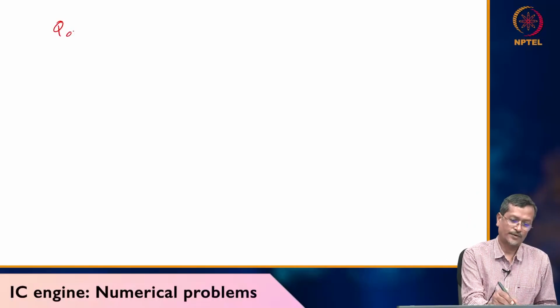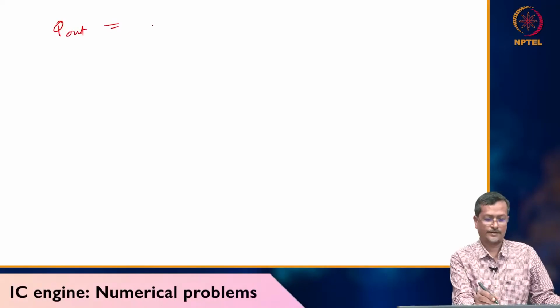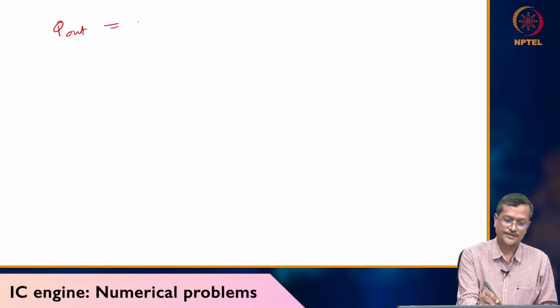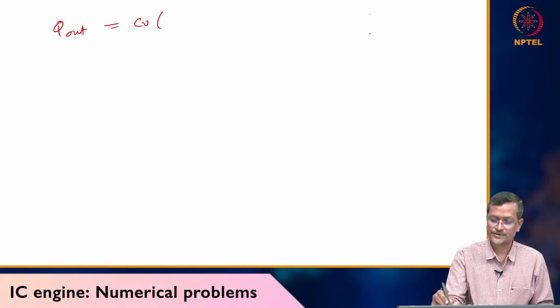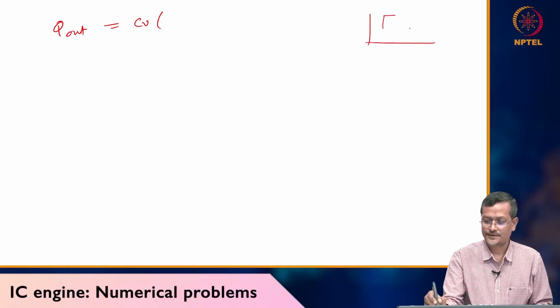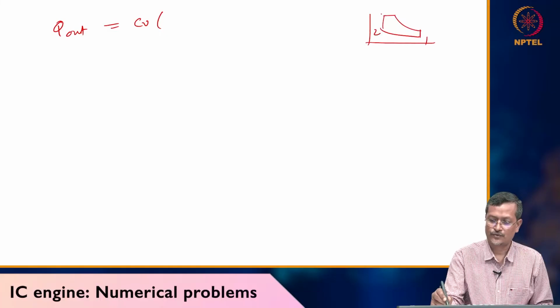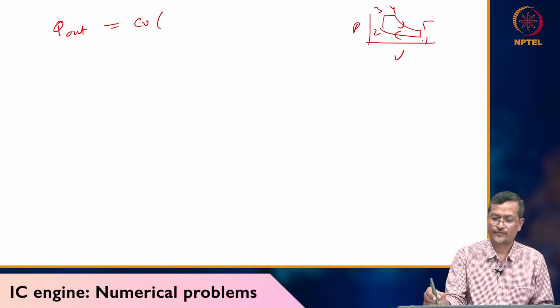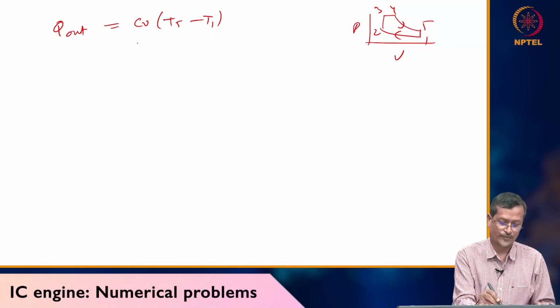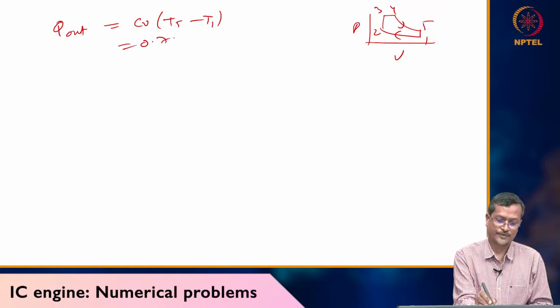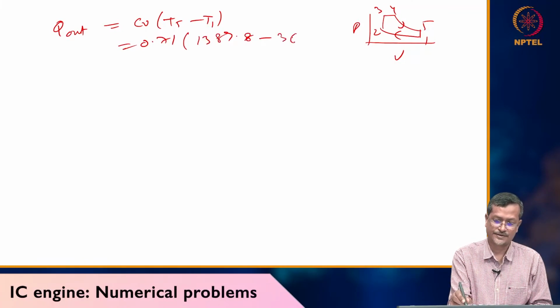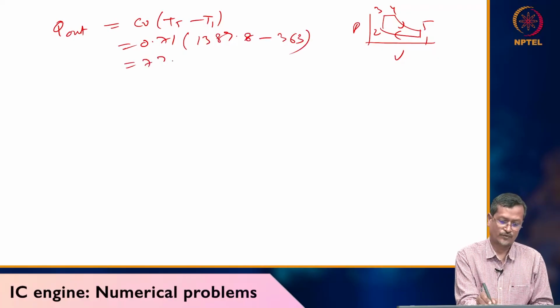So Q out, the output or exhaust heat, is a constant volume process, 1 2 3 4 5 on the PV diagram. For T5 minus T1, this constant volume process gives 0.71 into (1389.8 minus 363), equals 729 kJ per kg.